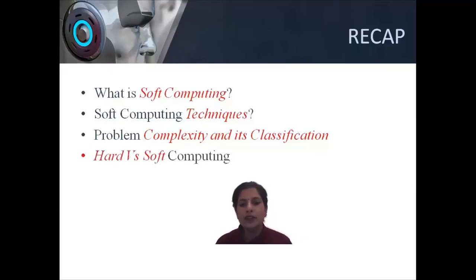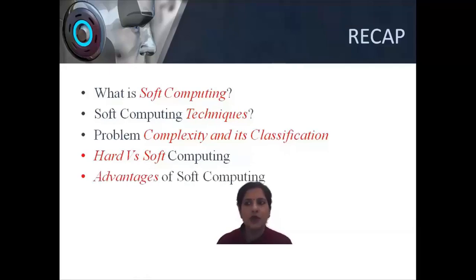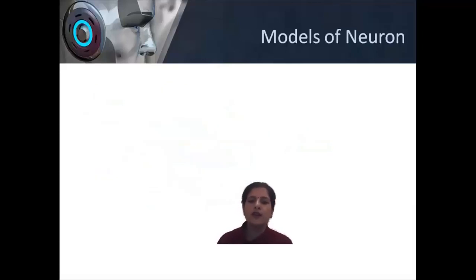Then we understood the difference between hard versus soft computing. That is very important because it makes us realize what we want to apply. Then the advantages of soft computing. And finally, a brief introduction to neural networks and the comparison between artificial neural networks and biological neural networks. So with this understanding, we move next.